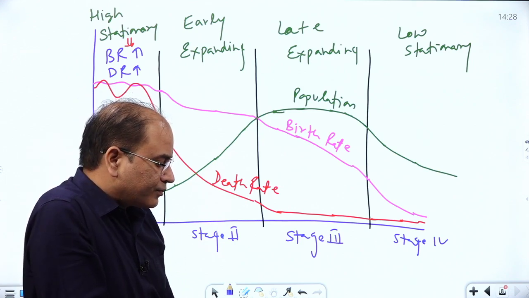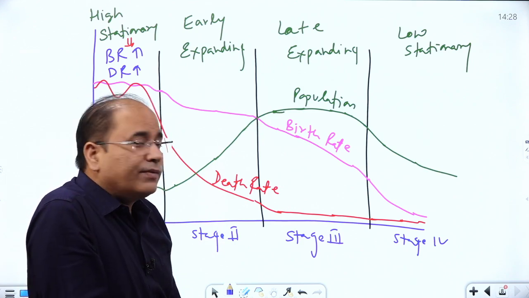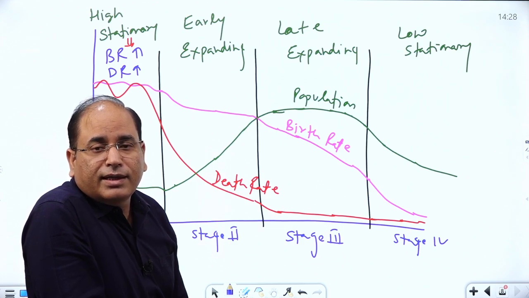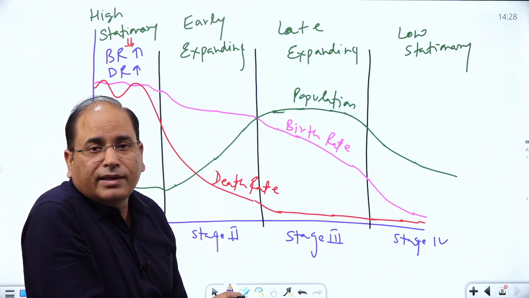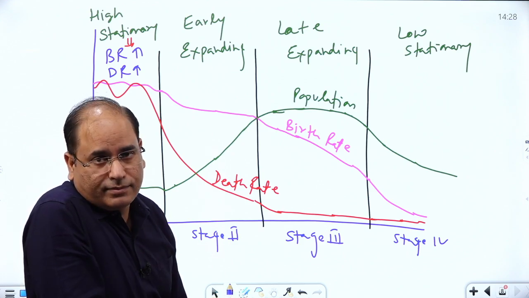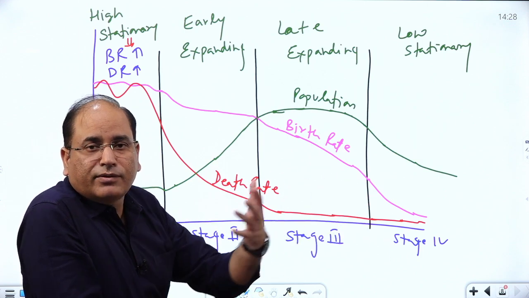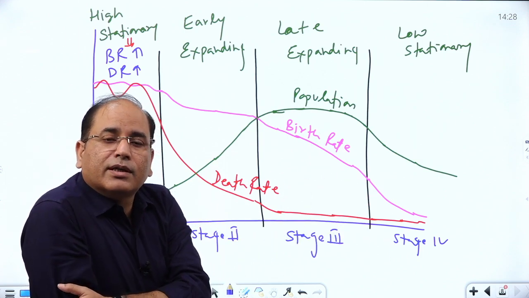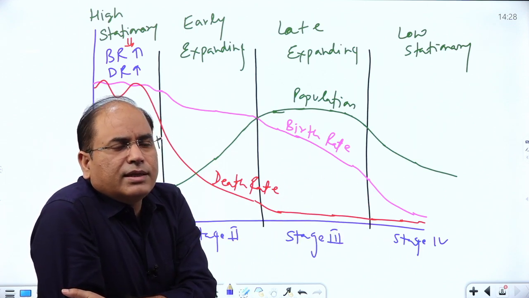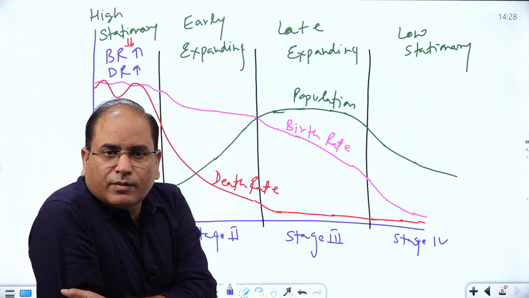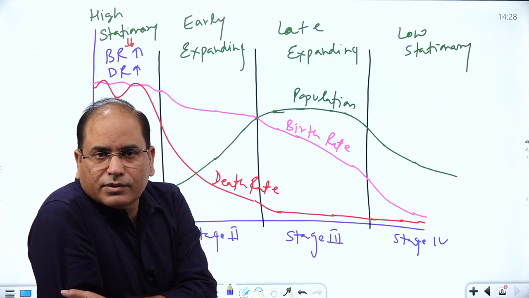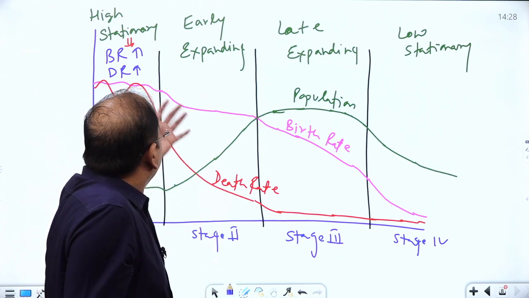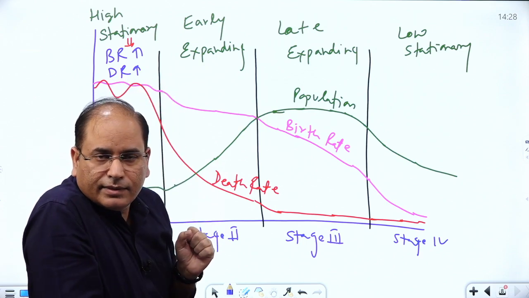Like in India's demographic history, you can think of India between 1901 to 1921. At the starting of the 20th century, India's population was around 23 crores. And there birth rate, death rate was very high.